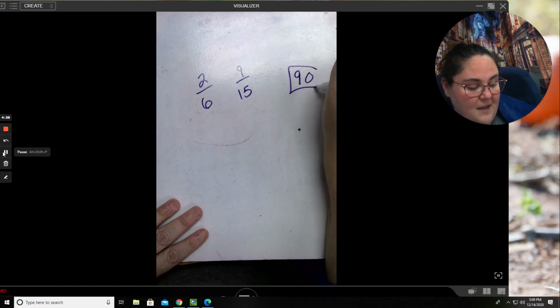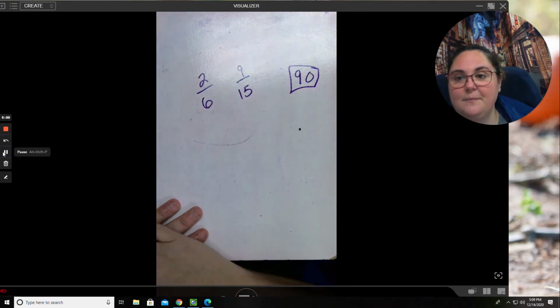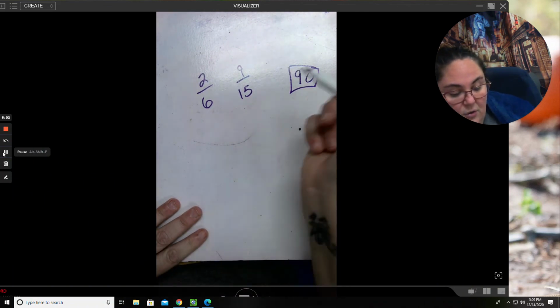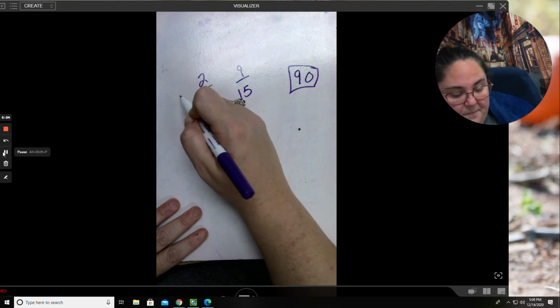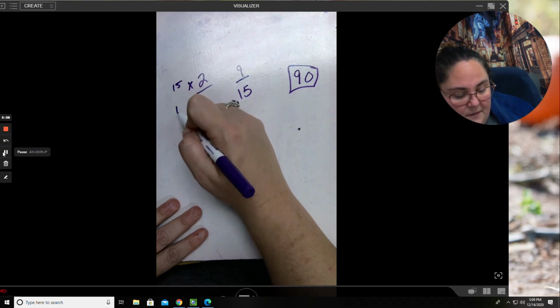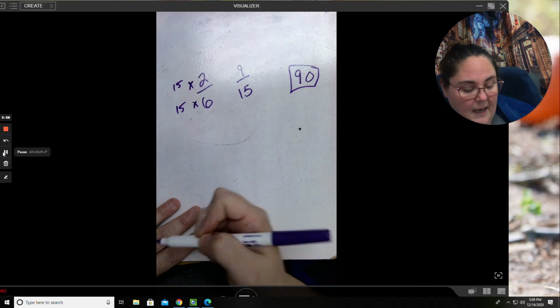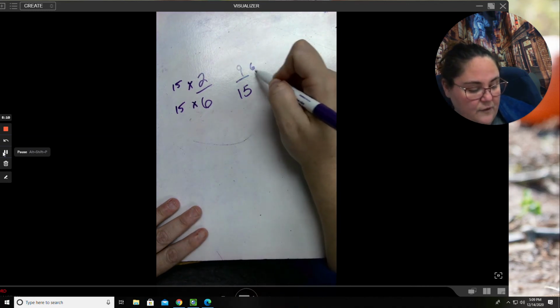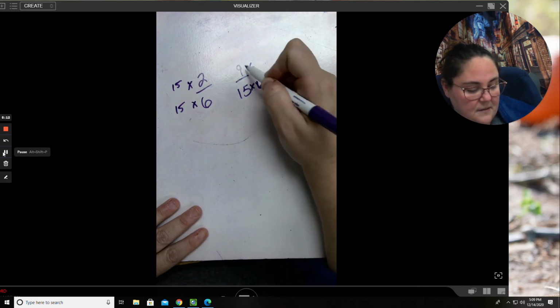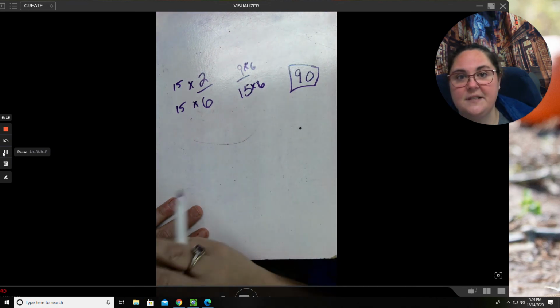So this method would mean my common denominator was going to be 90. So I would multiply this one by 15 over 15. And I would multiply this side by 6 over 6. That's the quick common denominator.